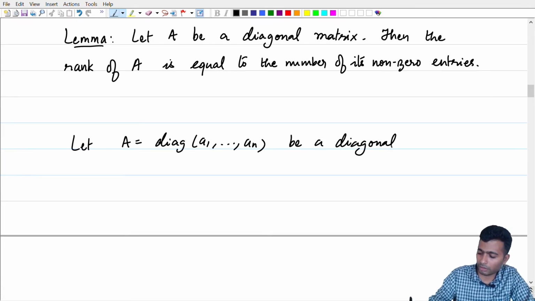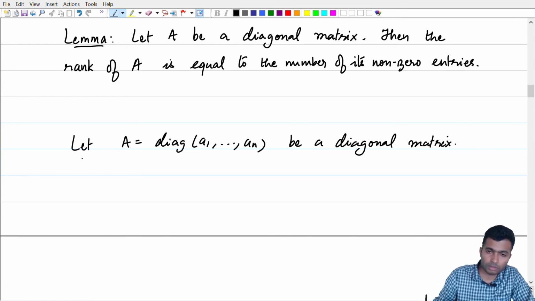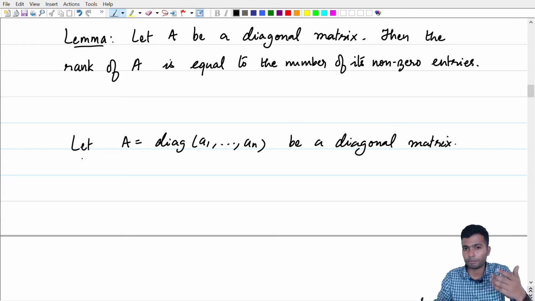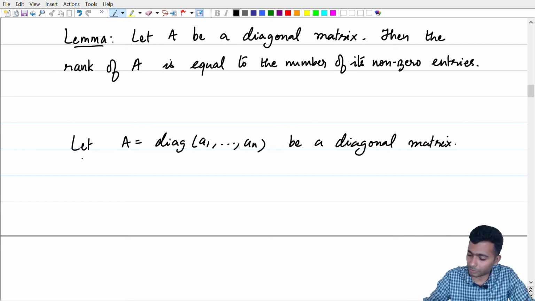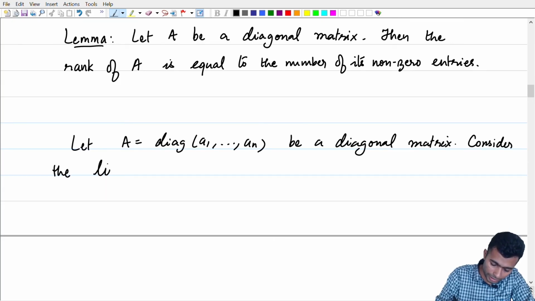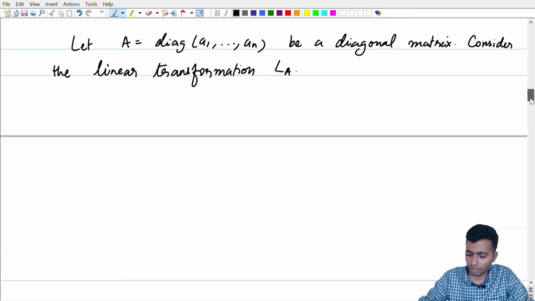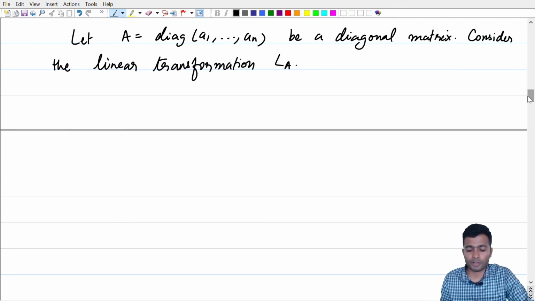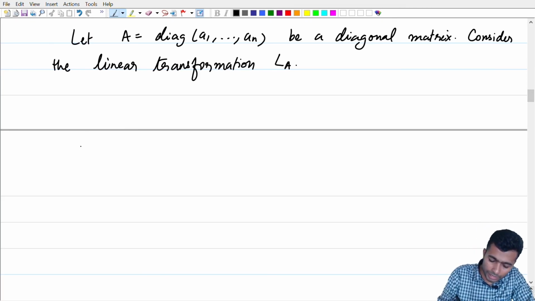We would like to see the impact of that on the corresponding linear transformation L subscript A. So consider the linear transformation L subscript A, and let's see what the action of LA on a typical element of Rn is going to be.